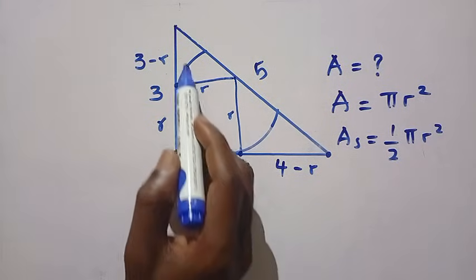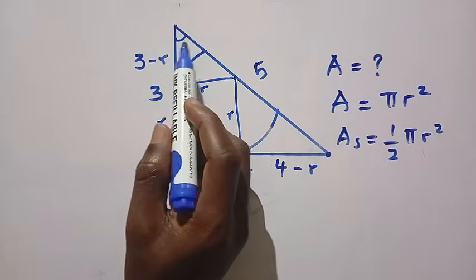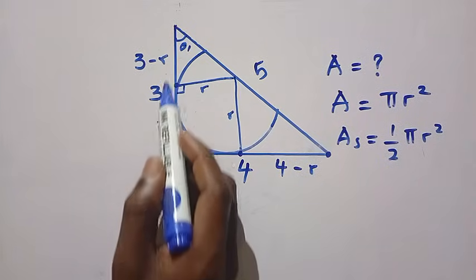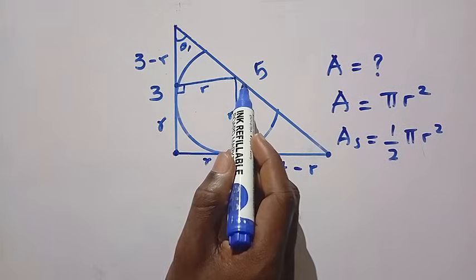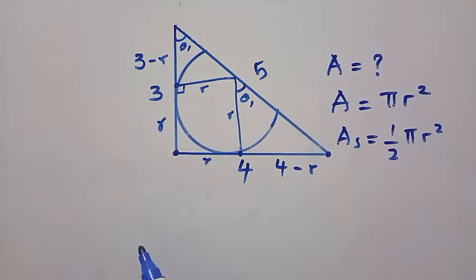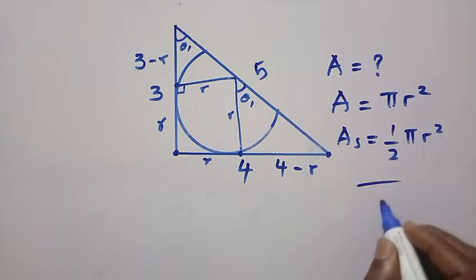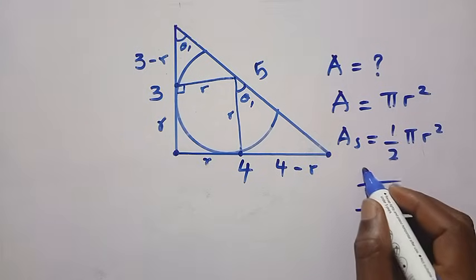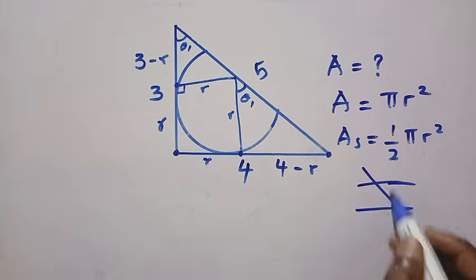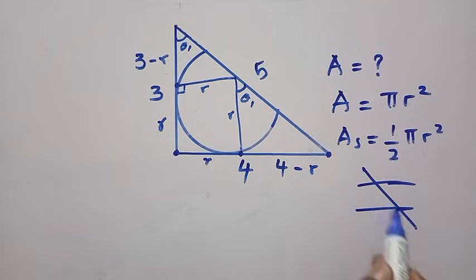And suppose I call this angle theta. Let me call this one theta 1. So if this is theta 1, here is also theta 1. This is a corresponding angle, because we have two parallel lines and a line that crosses them, that is a transversal line.